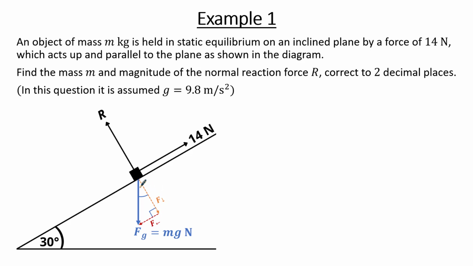To do that, we first extend this line, and note that the angle here is 90 degrees, so it's a right angle. And therefore, this angle here will be 180, which is the sum of the angles in a triangle, minus 90 minus 30. So that's 60 degrees.